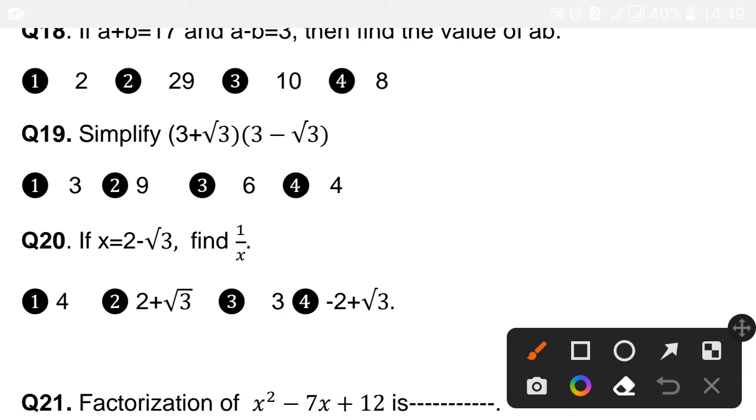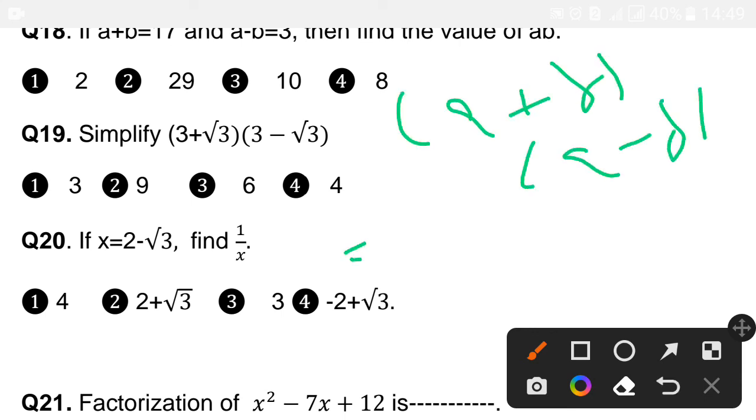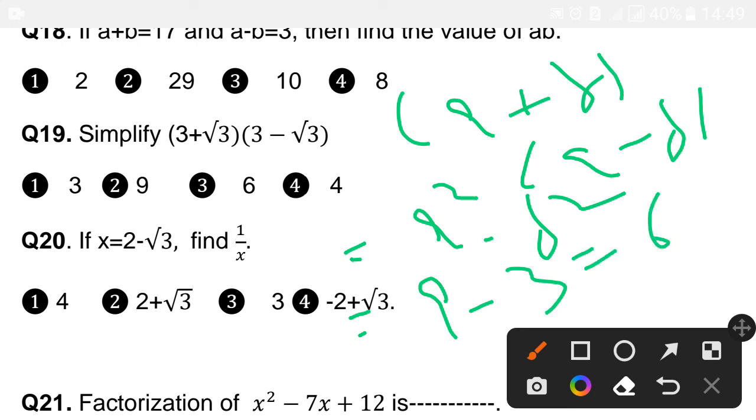We also know that a plus b into a minus b is the formula, which is equal to a square minus b square. So we can write 3 square is 9 and square root 3 square is 3. So 9 minus 3 is equal to 6. So option number 3 is right, which is 6.